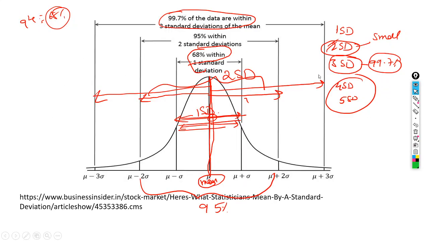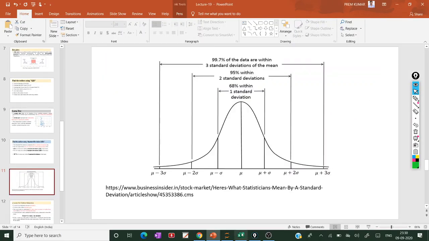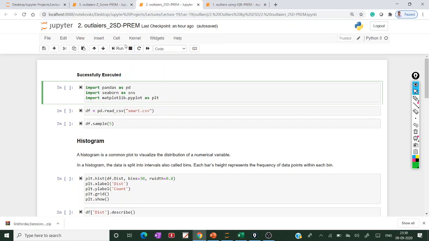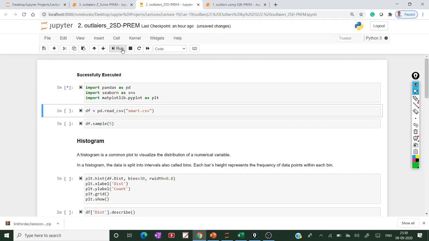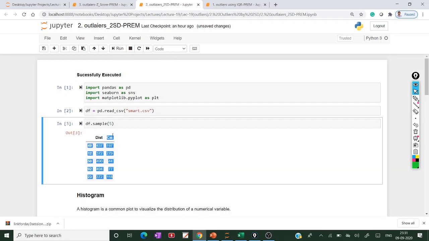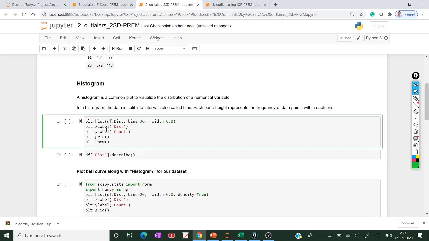If you see the practical about standard deviation, we are taking the same example. The smart data set means how much distance we traveled and how many calories we burned. So here dist is the input feature and calories is the target variable.